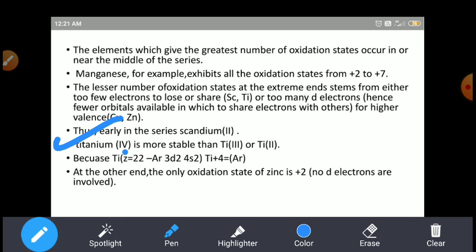Titanium +4 is the most stable, compared to the +2 oxidation state.